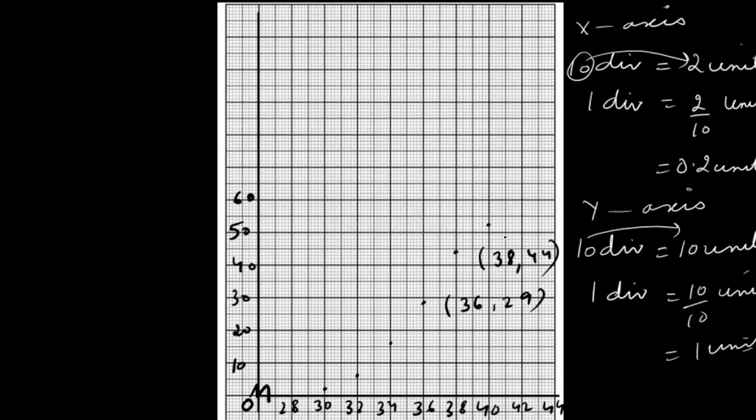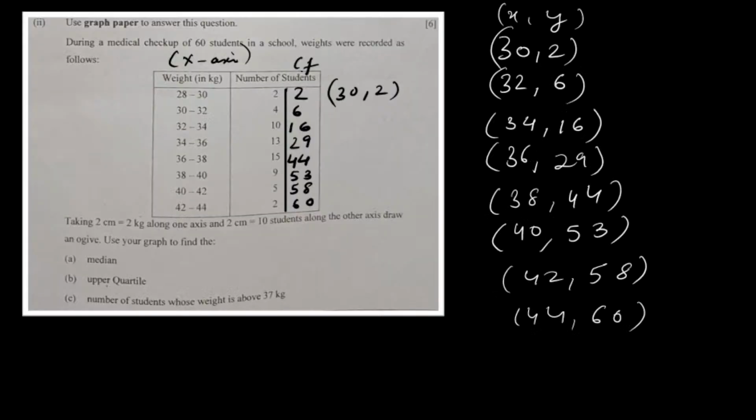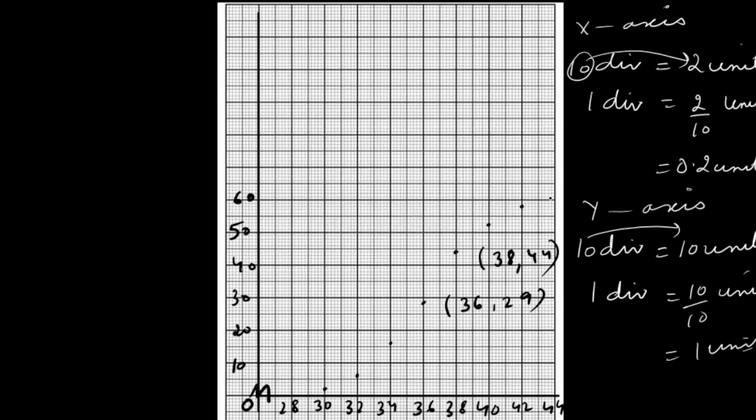Then 42, 58, which is 2 units below 60. Then 44, 60. Now I have marked all the points.